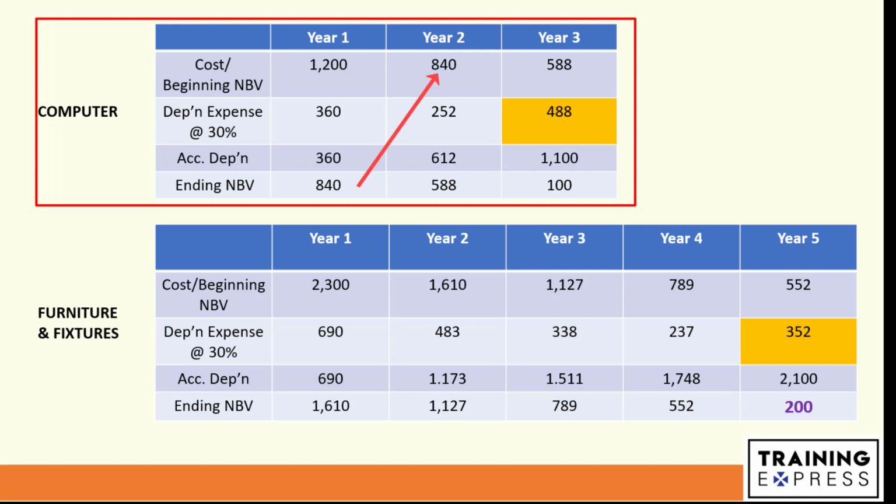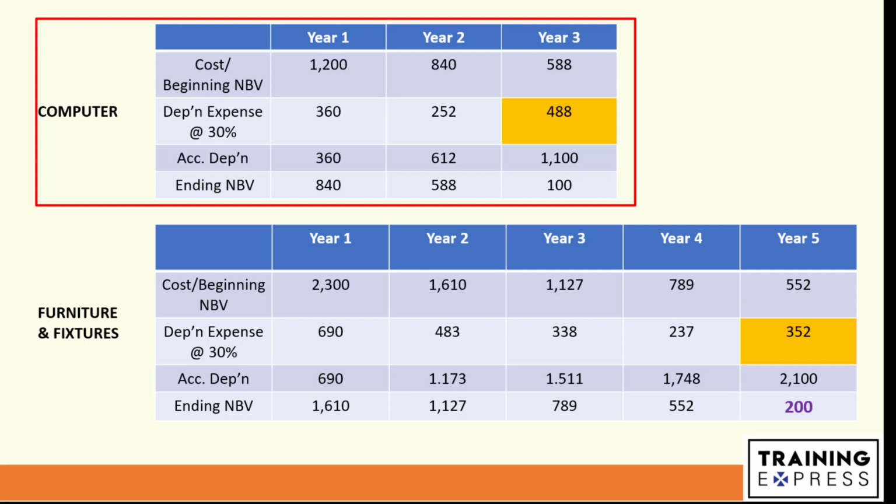Now here you will see that we will start with the ending book value of the previous year, which will actually be the beginning book value of the current year, and that is $840. Now we will calculate 30% on this beginning book value. So it will be $252.